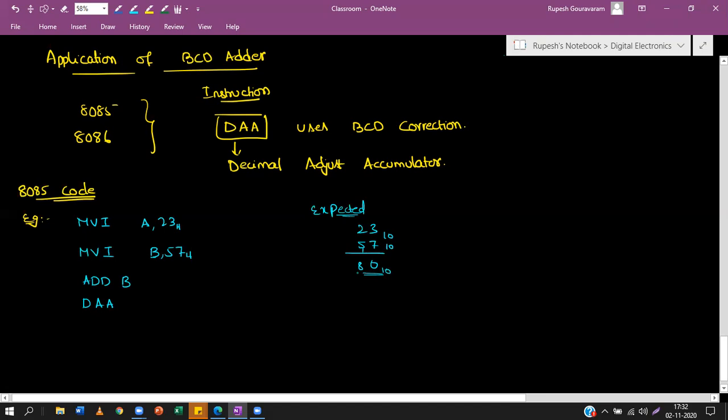8085 is a binary circuit. To that sense, any microprocessor or microcontroller is a binary circuit.